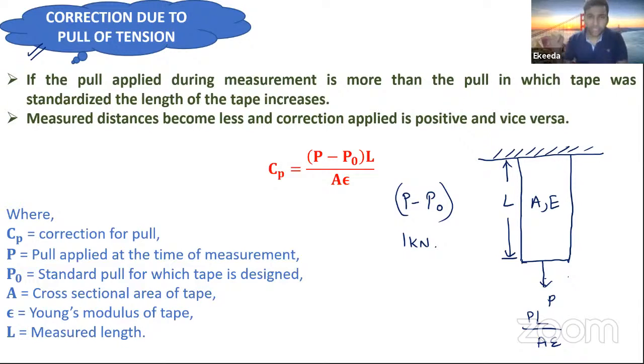That's why the correction due to pull in case of tape will be equal to the pull at the time of measurement minus the pull at which the tape is standardized, into length of tape upon area of cross section of tape into Young's modulus of elasticity of tape. Is it clear to all of you?